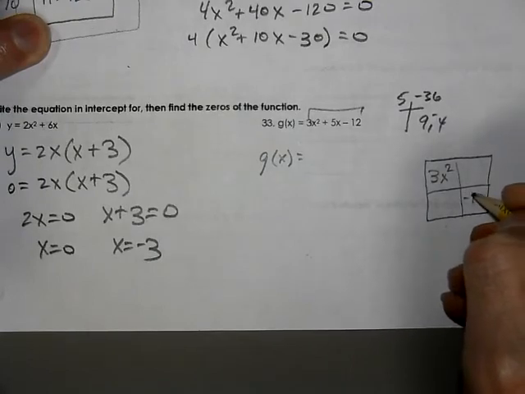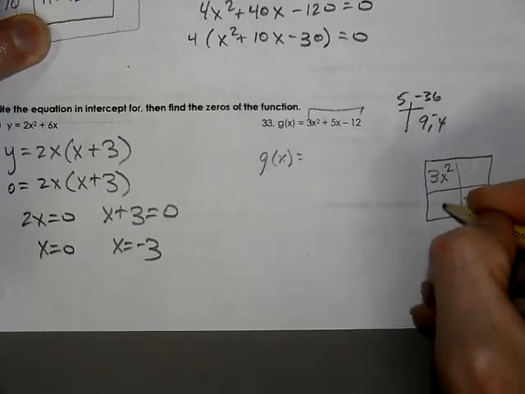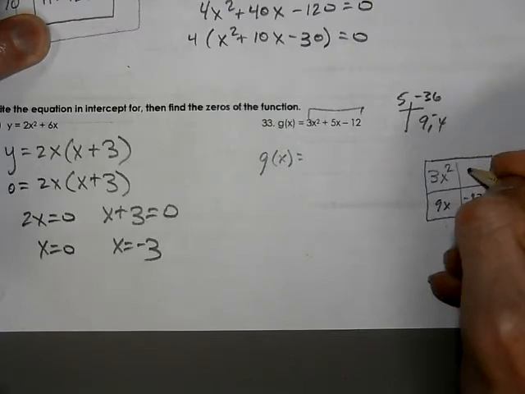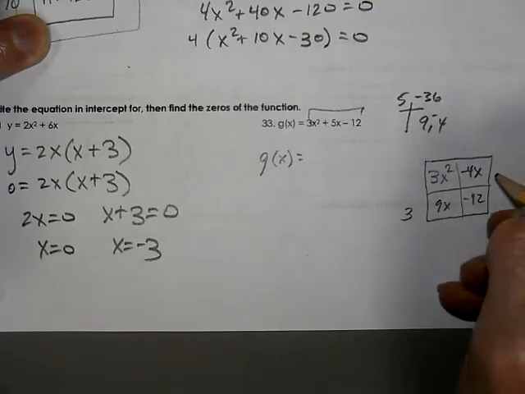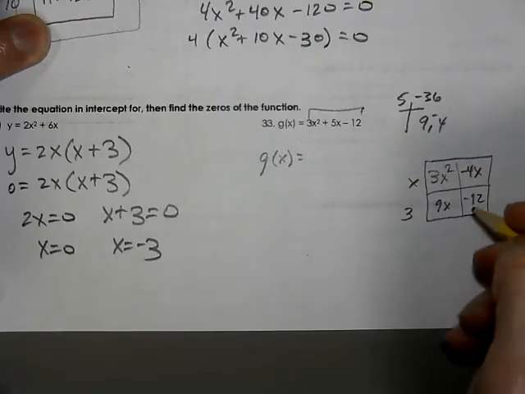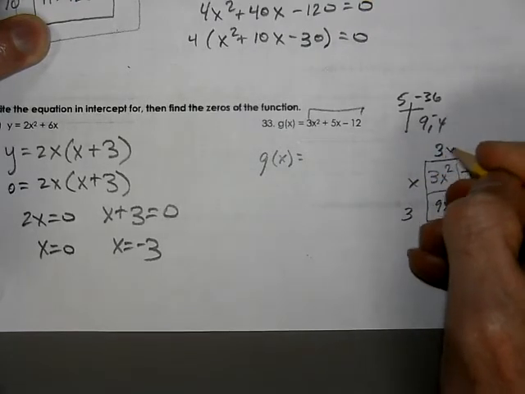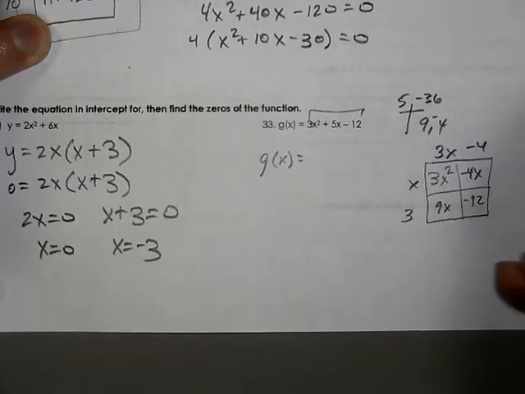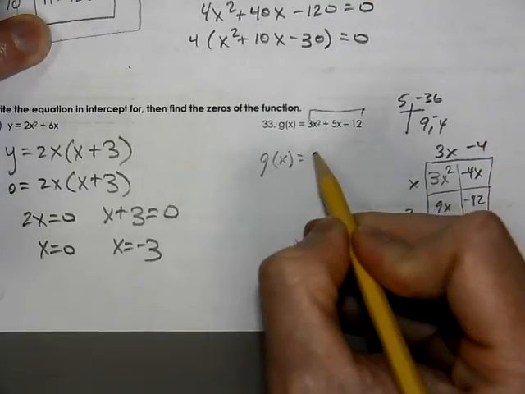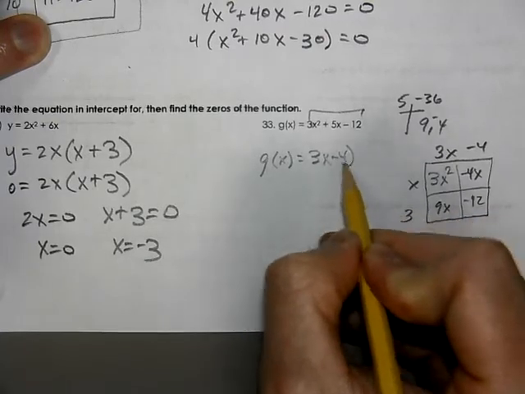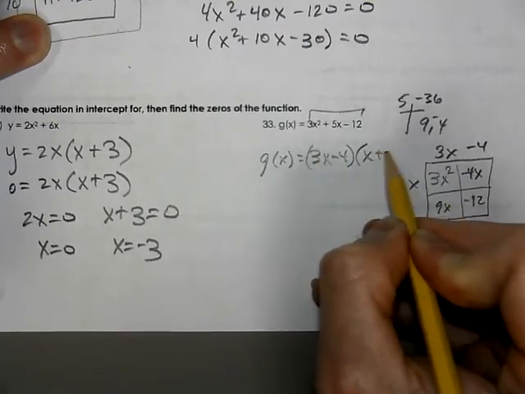You could use factor by grouping also if you desire. We get 9x, and we get negative 4x. So we'll factor out a 3, factor out an x, factor out a 3x, factor out a negative 4. Because the box is negative, that number is going to be negative. So we're going to get 3x minus 4 and x plus 3.